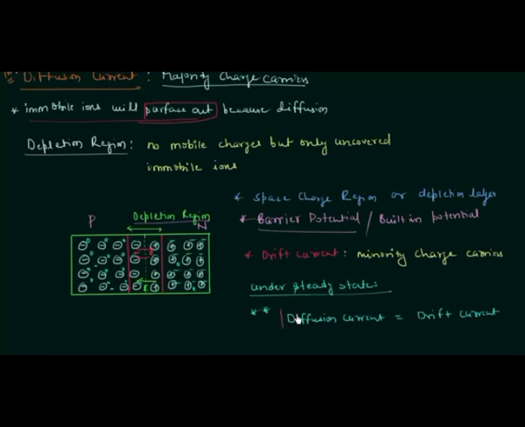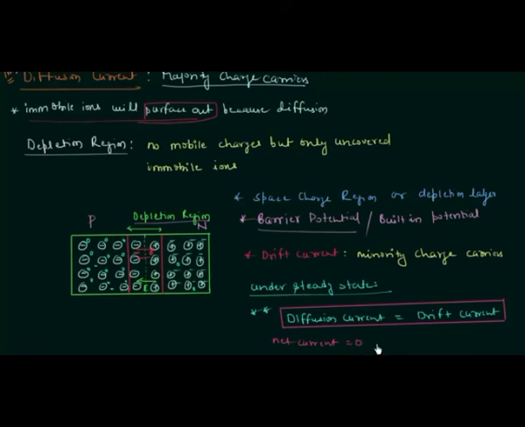The diffusion current is equal to the drift current under steady state condition, and we can say that the net current is equal to 0 in the case of an open circuited PN junction diode. The net current is equal to 0 for an open circuited PN junction diode.